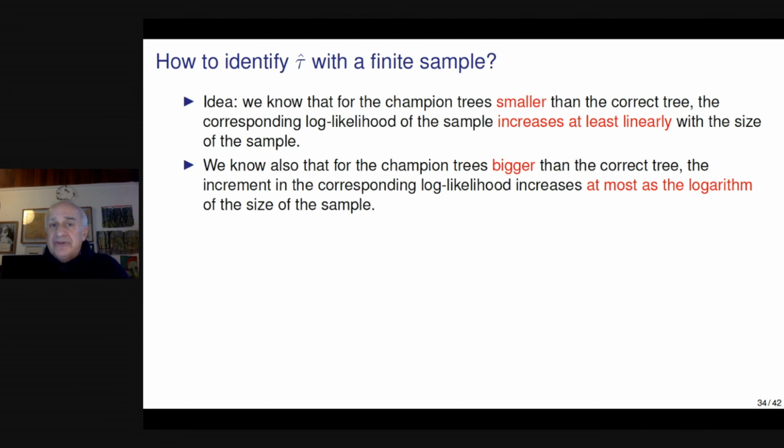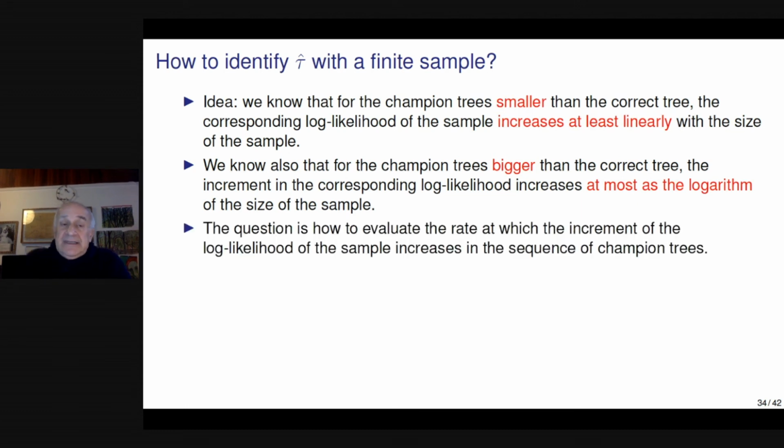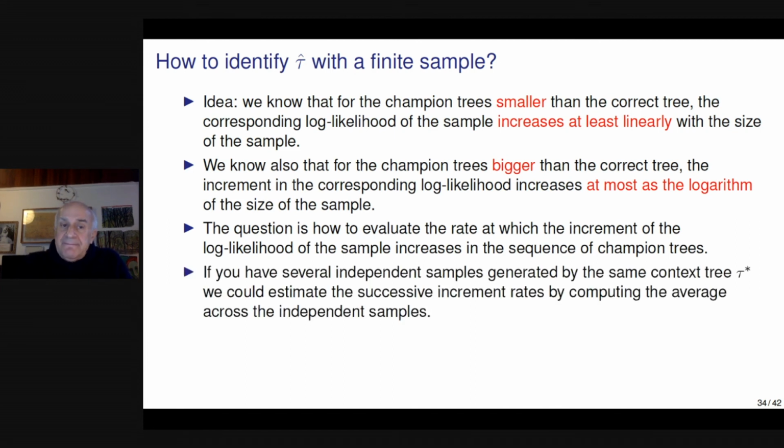We know also that for a champion tree bigger than the correct tree, the increment in the corresponding log likelihood increases at most as a logarithm. The question is how to evaluate the rate at which the increment of log likelihood of the sample increases in the sequence of the champion trees.